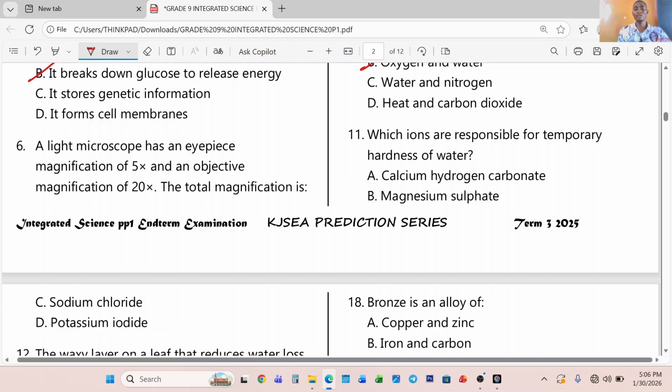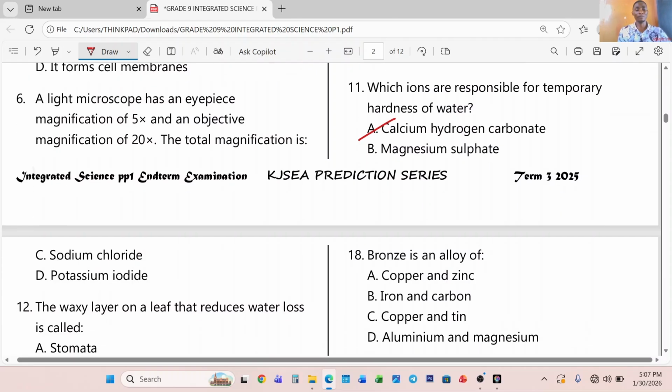The permanent is caused by sulfate salts, and the temporary is caused by hydrogen carbonates when they come into contact with minerals, which include calcium and magnesium. So the correct answer to this question is A. Hydrogen carbonates cause temporary water hardness.